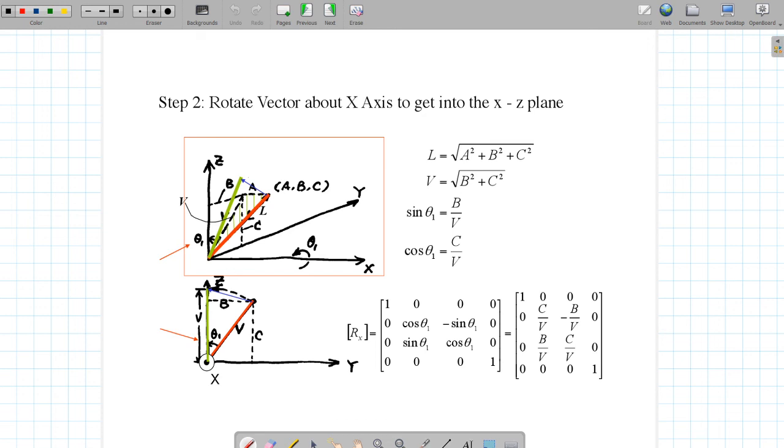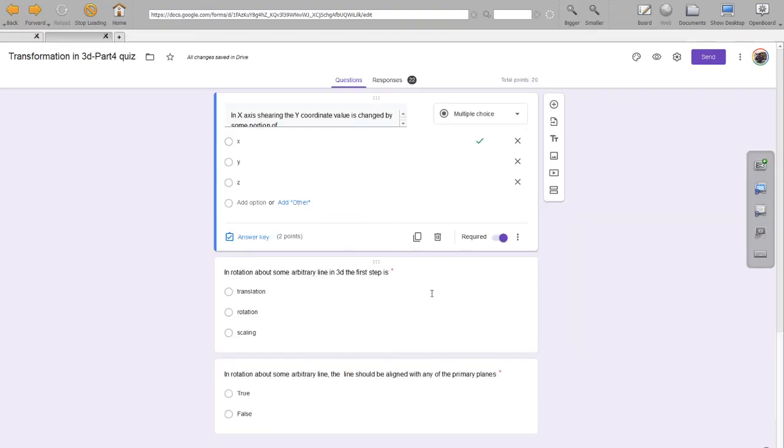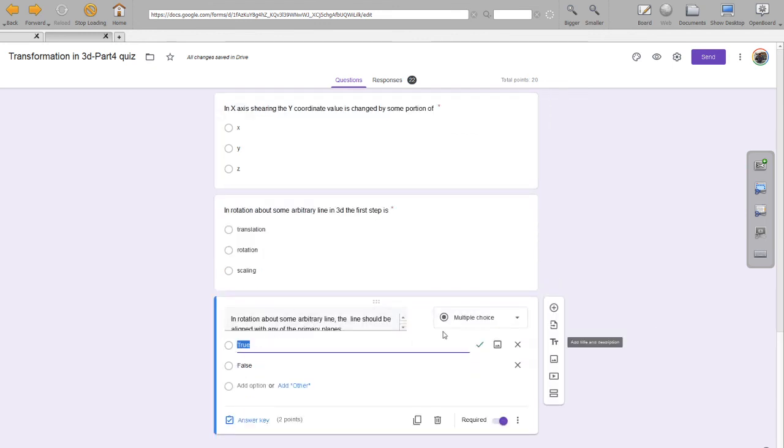So in this example it was xz plane. So yes, the answer is true. In rotation about some arbitrary line, the line should be aligned with any of the primary planes.